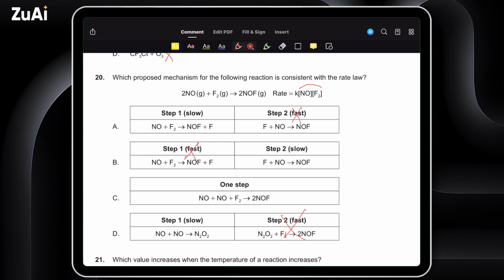So F2 is there. And NO is there. So that's why the slow step should be this. Step 1. We have to see the slow step actually. So that's the slow step and that is the answer.